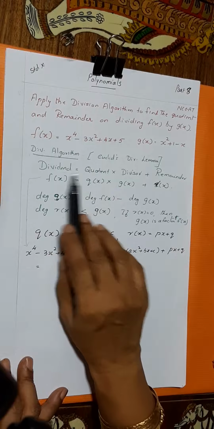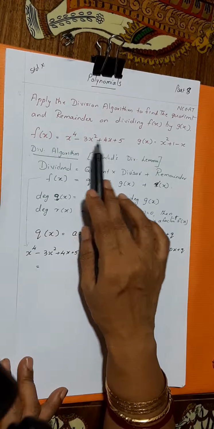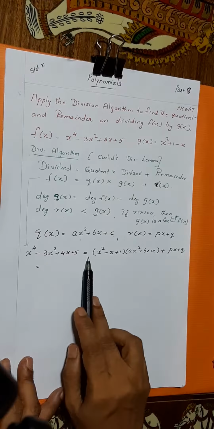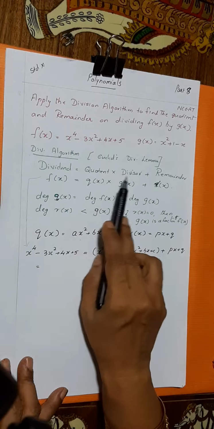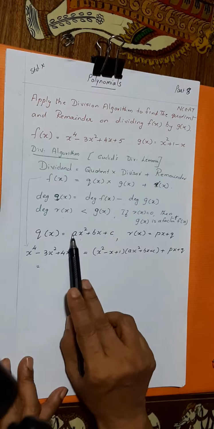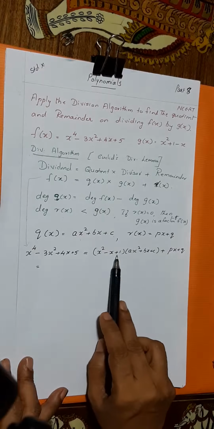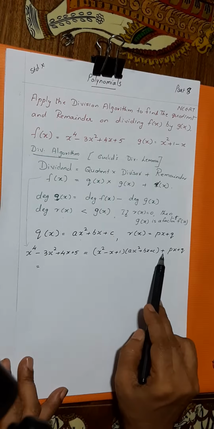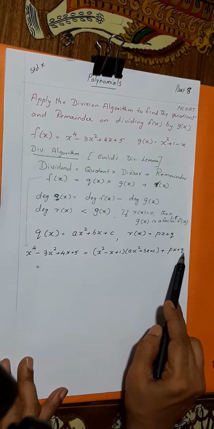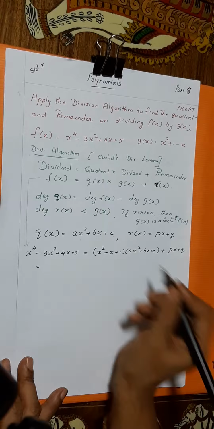Now using this, dividend is equal to, that means f of x is equal to quotient into divisor. Quotient is this, into divisor is already given. So x squared minus x plus 1 into the quotient, plus the remainder, which is px plus q. Now we will simplify this.